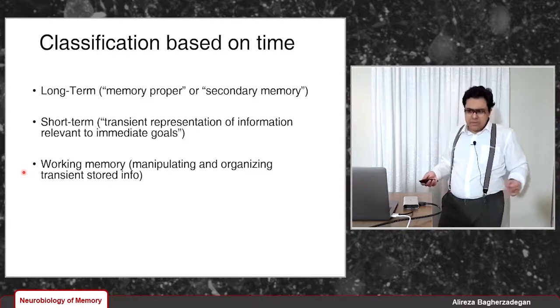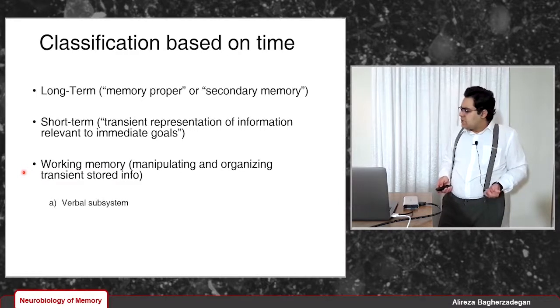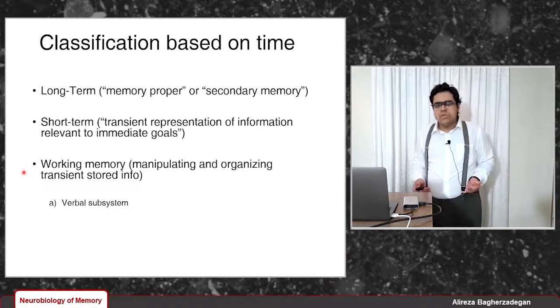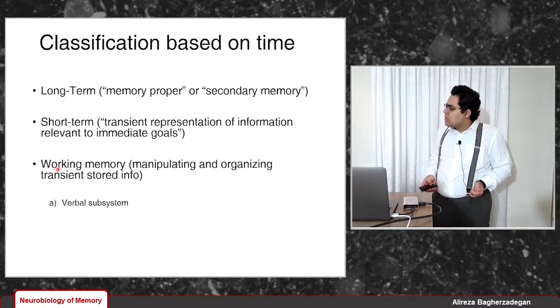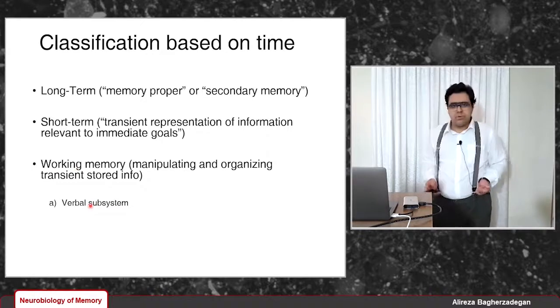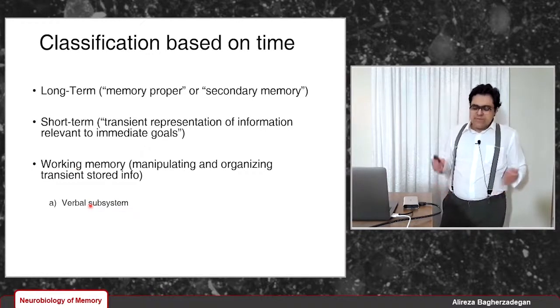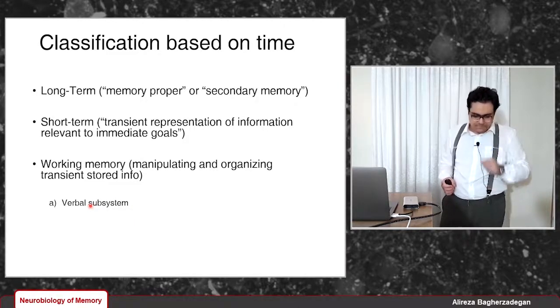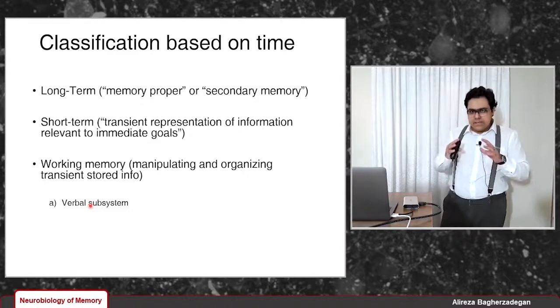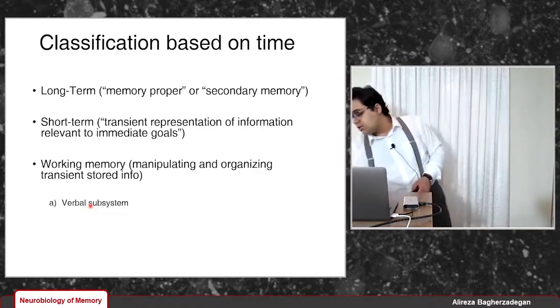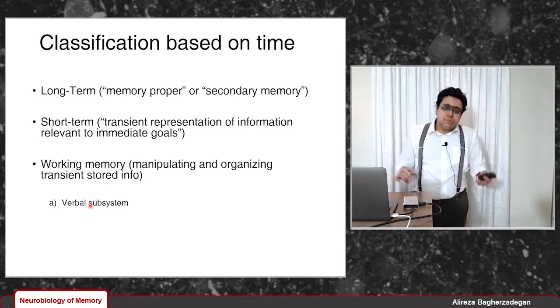That can be a reason that IQ tests also measure our working memory. But there are 3 subsystems working for working memory. The first subsystem is the verbal subsystem. Its name gives us some clue. It's for temporarily storing phonological or speech-based information.